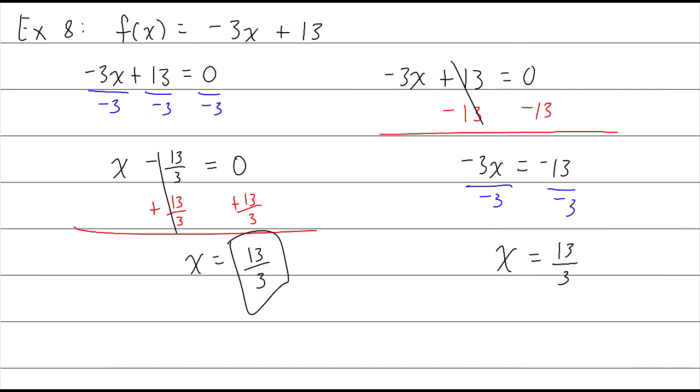Two negatives make a positive, right? The last thing I want to show you real quick is that it doesn't matter the order. You can divide and then add or subtract, or you can add or subtract and then divide or multiply. It doesn't matter the order. You'll get the same answer. Okay, so that's section 1.5.